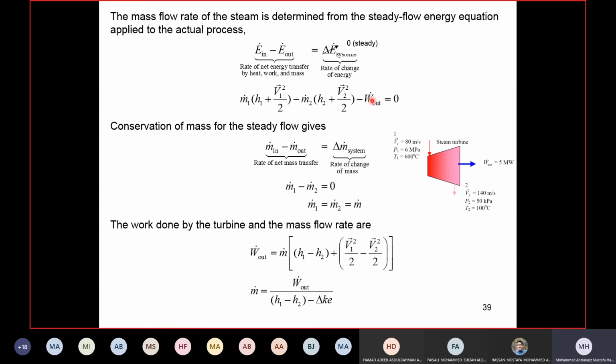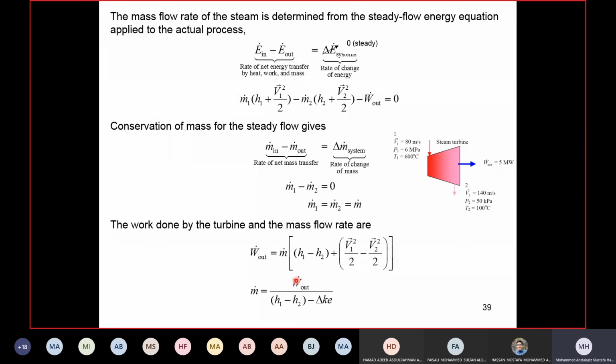H1 and H2 we can get from the tables, and V1, V2, so we can calculate the mass. So m_dot equals W_out over delta h plus delta kinetic energy.